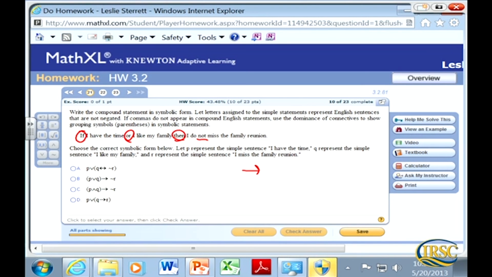Okay, so the tricky part, though, is where this is going to go. Notice that in your if part is where that or symbol came. So that's part of the if part of this if-then sentence.